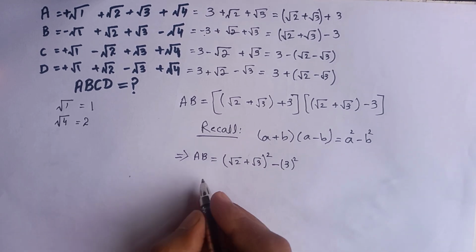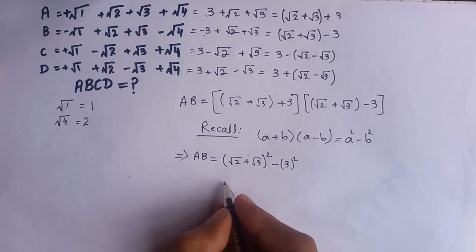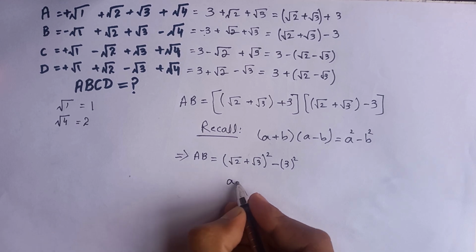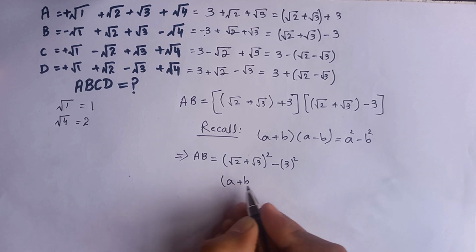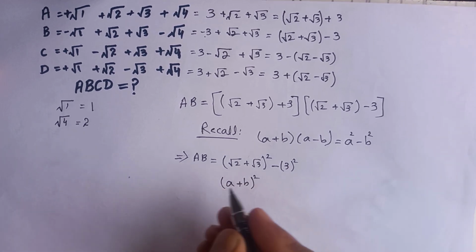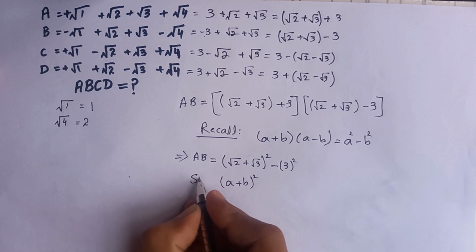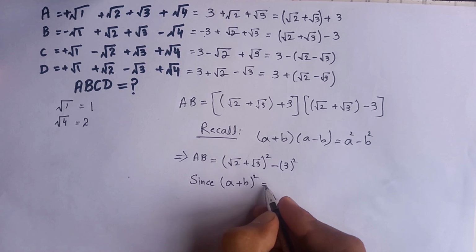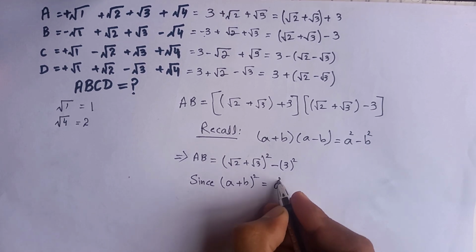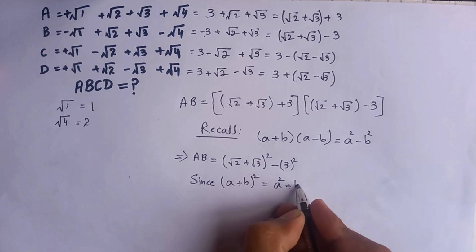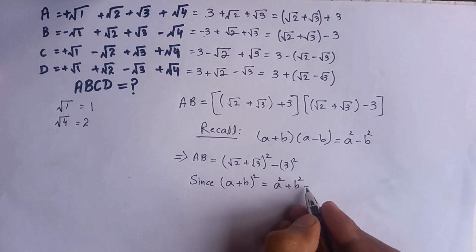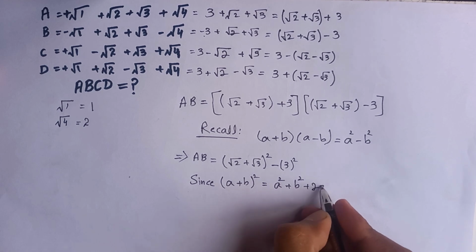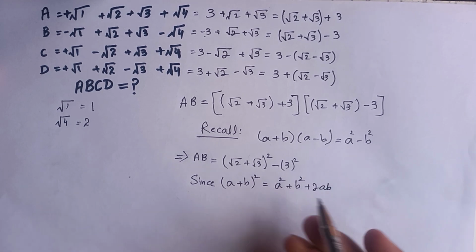Now we will use the formula a plus b whole square equal to a square plus b square plus 2ab.